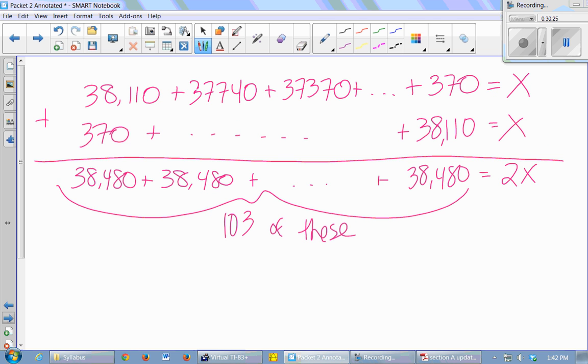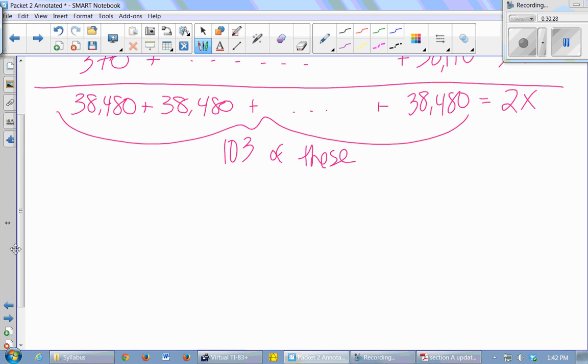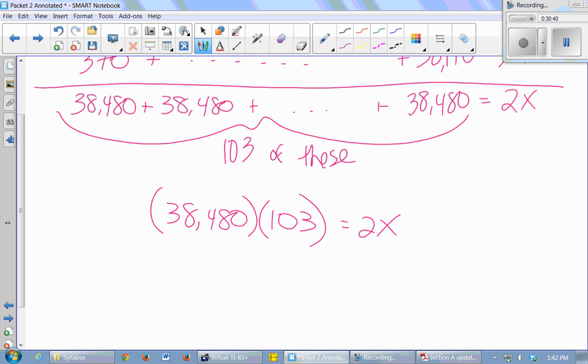And adding a number to itself 103 times is multiplication. So this is $38,480 times 103 equals 2X. And then I just have to divide by 2.